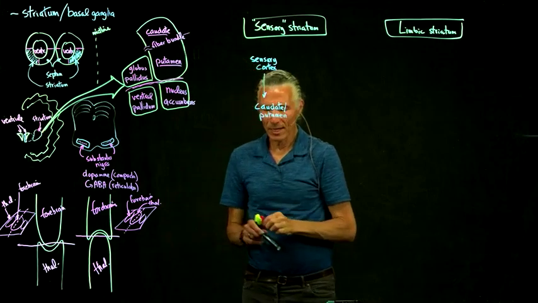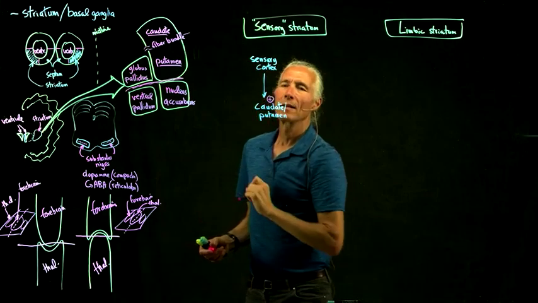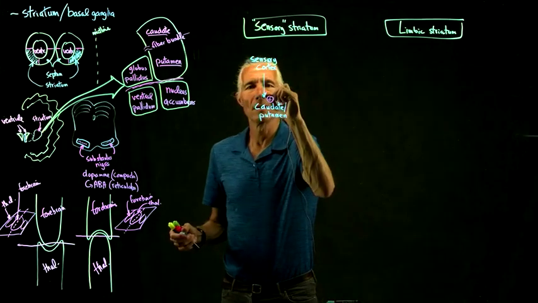That projection is an excitatory projection. So the sensory cortex excites the cells in the caudate and putamen.